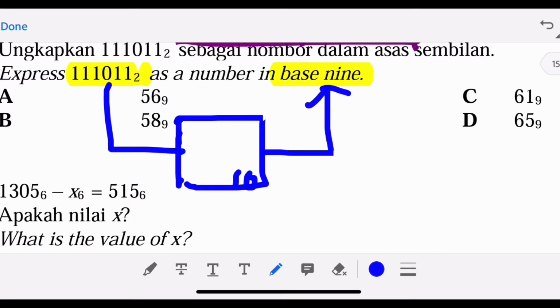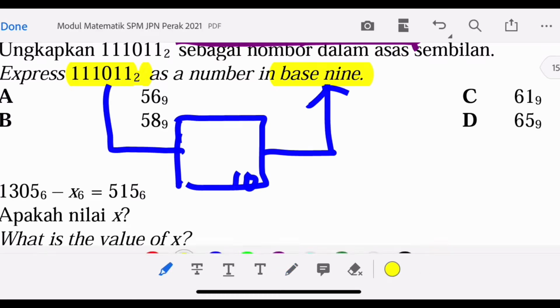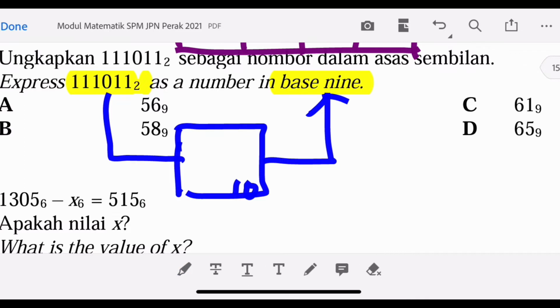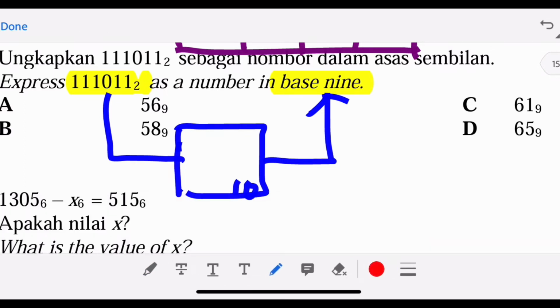Always remember, from the smaller base, base 2, you want to express in base 10, so you always have to multiply.